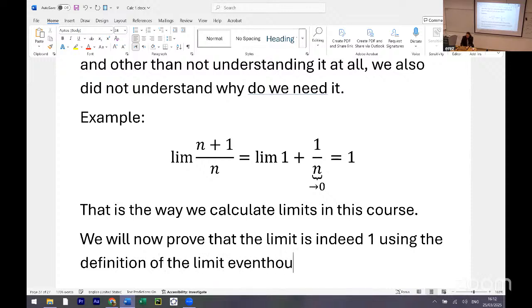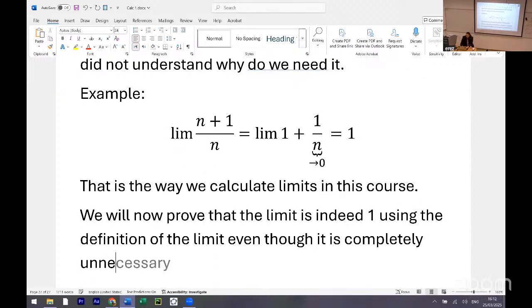even though it is completely unnecessary, just in order to understand the definition.